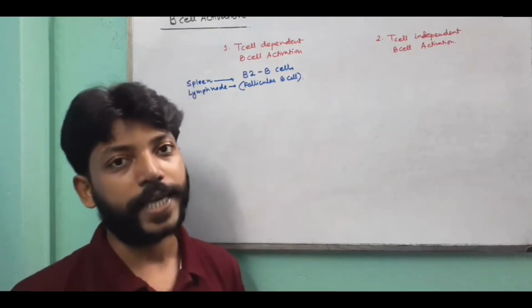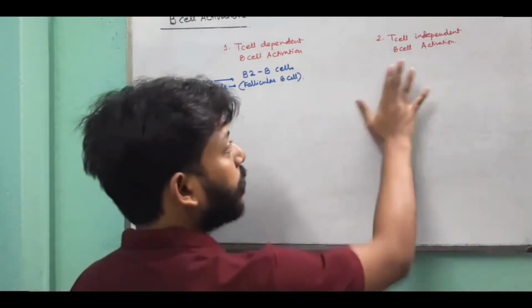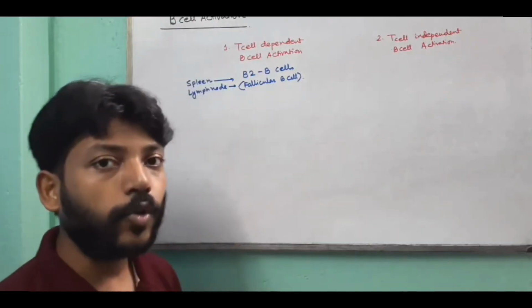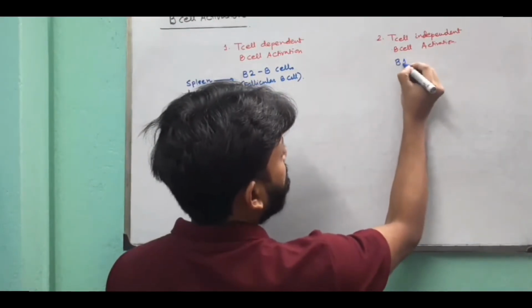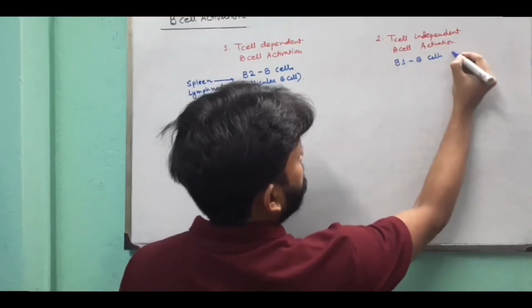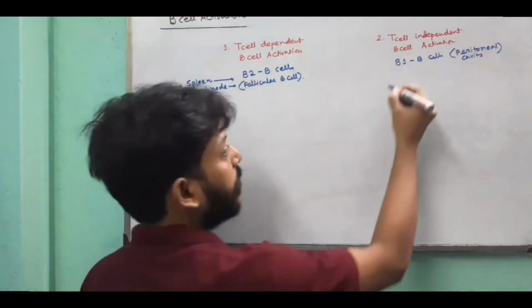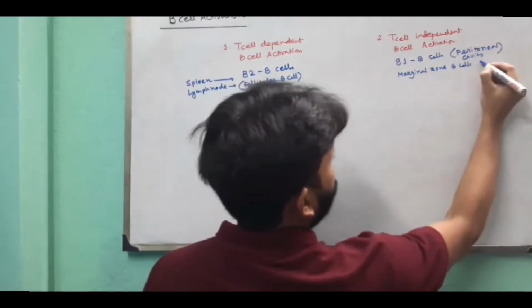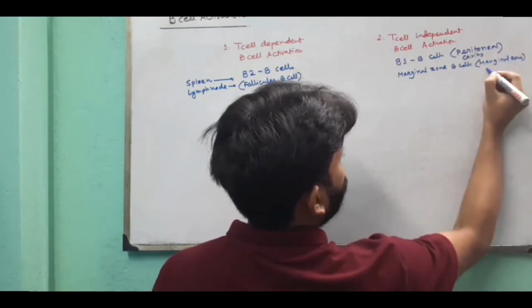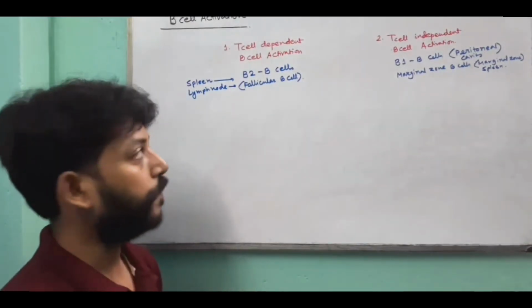These B cells are activated by T cells, and there are some subsets of B cells that do not require T cell help. These are B1 B cells, present in the peritoneal cavity, and marginal zone B cells, present in the marginal zone of the spleen. There is a difference in their antigen recognition.